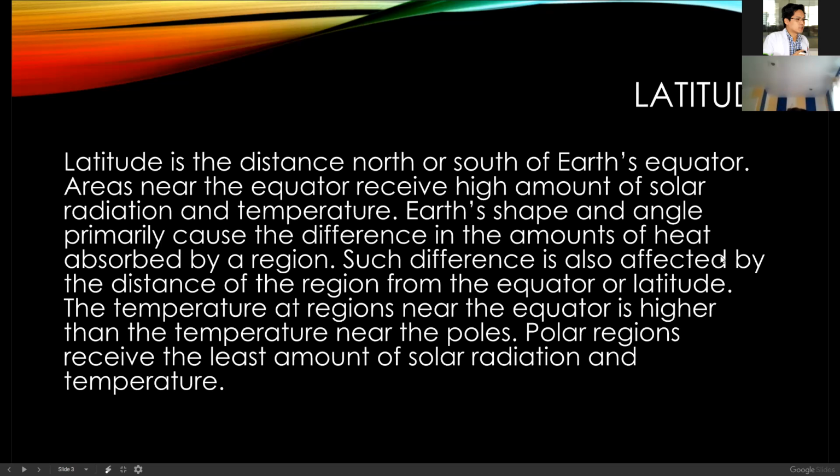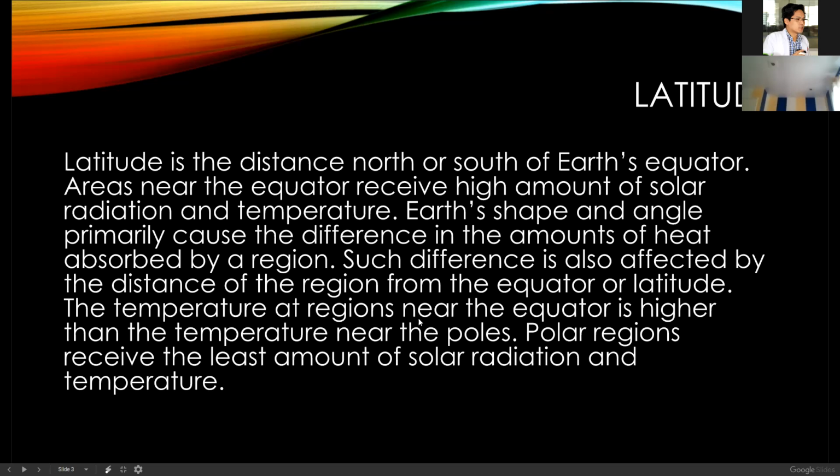Earth's shape and angle primarily cause the difference in the amounts of heat absorbed by a region. Such difference is also affected by the distance of the region from the equator, or latitude. Latitude is from north to south.